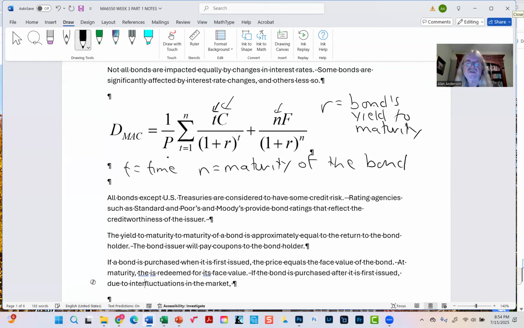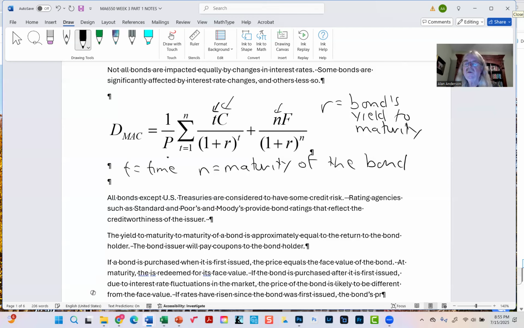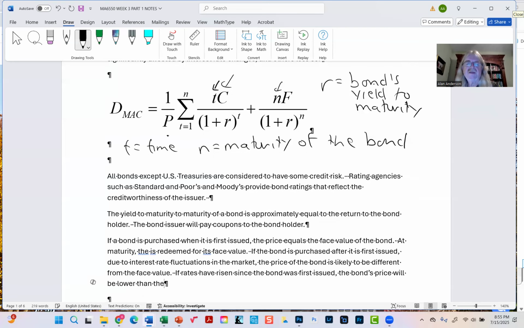Due to interest rate fluctuations, the price of the bond is likely to be different from face value. Okay, if rates have risen since the bond was first issued, the bond's price will be lower than the face value.